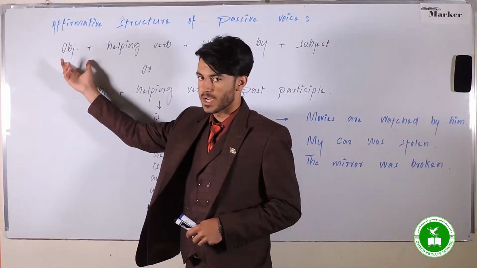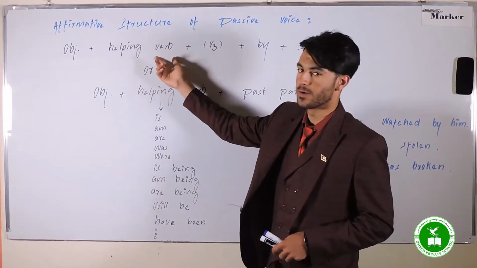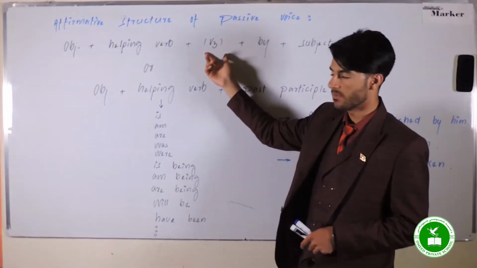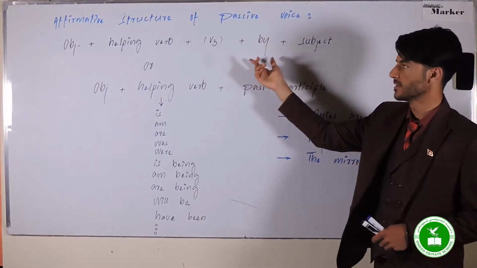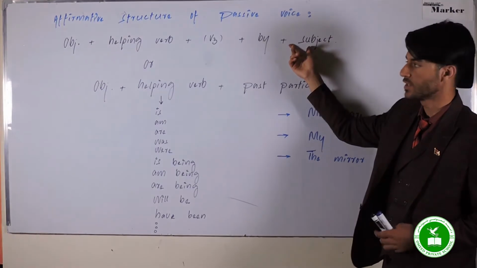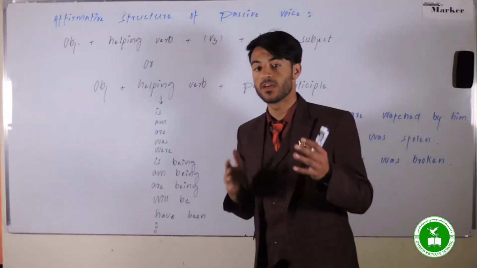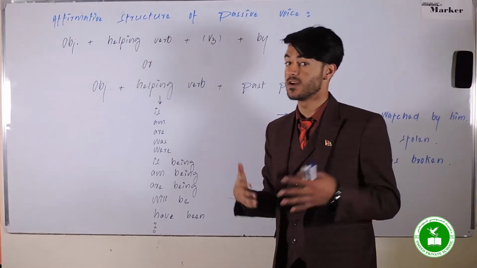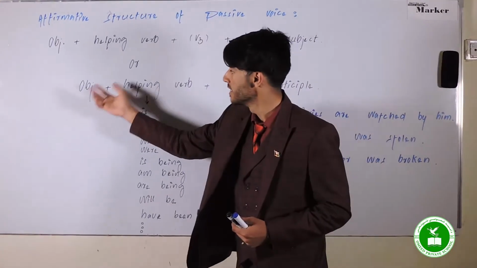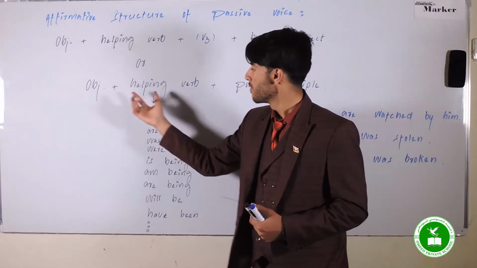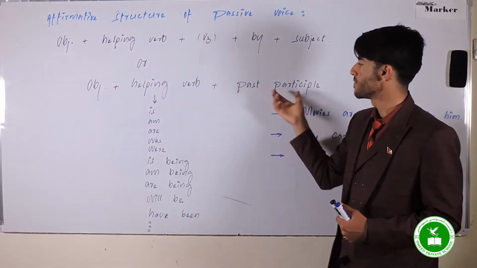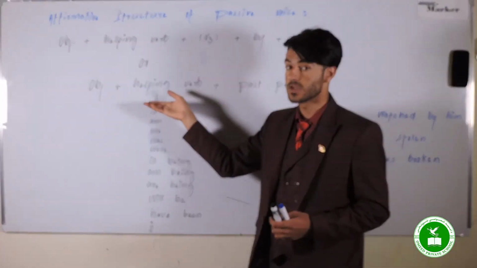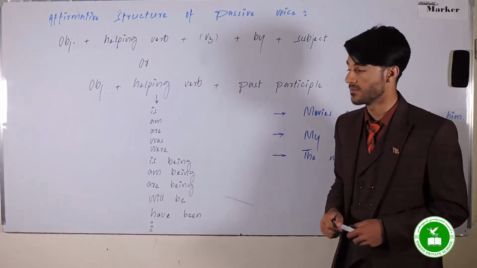Object plus helping verb plus third form of the verb plus by phrase and then the subject. Or sometimes you don't have information about the subject, or you don't want to mention the subject, or it's not necessary to mention the subject, so you can say object plus helping verb plus past participle. This might also be correct as an affirmative structure of the passive voice.